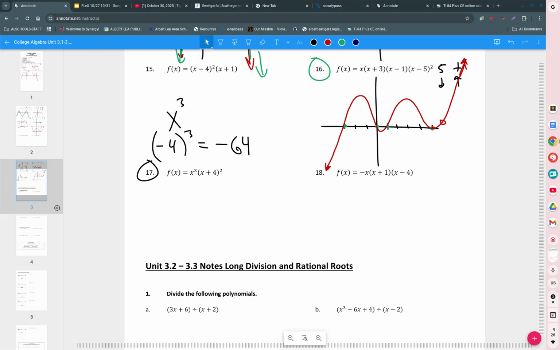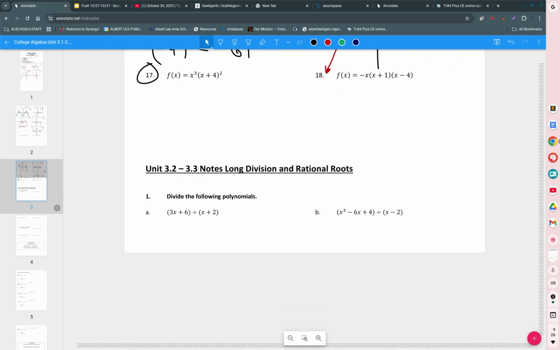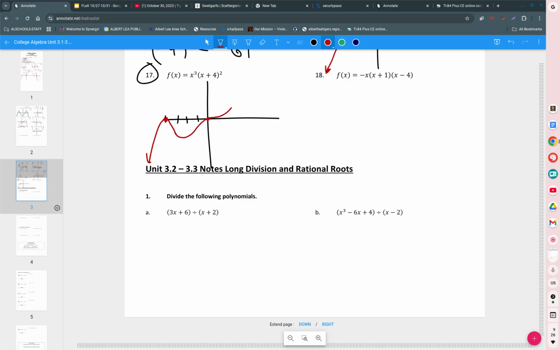So it's 1, 2, 3. Double root. Triple root.